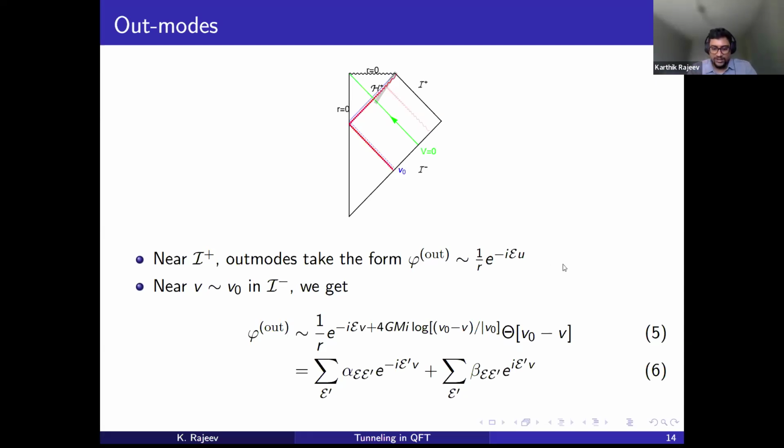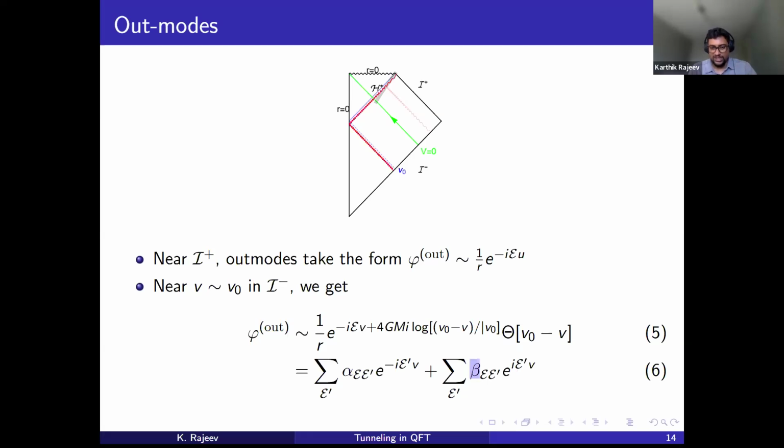So Hawking argued that for the late time modes, you can use geometrical optics to find the form of this function. And then once that function is found at chi minus, you can write it in terms of the Fourier modes, which gives the alpha and beta. In particular, you will find that what was a purely positive energy vacuum function in the future becomes a combination of positive and negative energy functions.